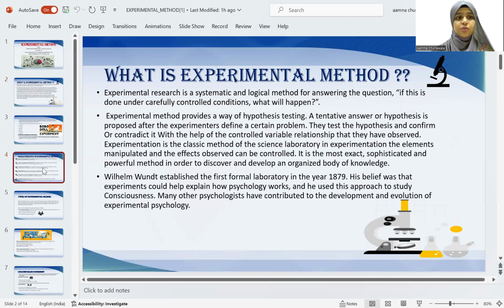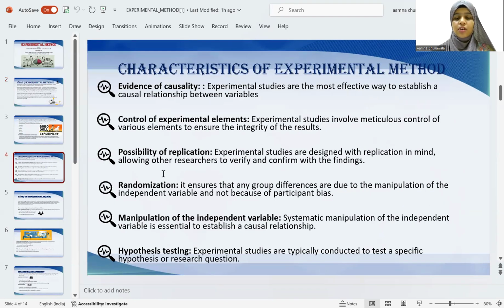Now we will look into the characteristics of an experimental method. First, we have the evidence of causality, which is that experimental studies are the most effective way to establish a causal relationship between two variables. Second, we have the control of experimental elements.